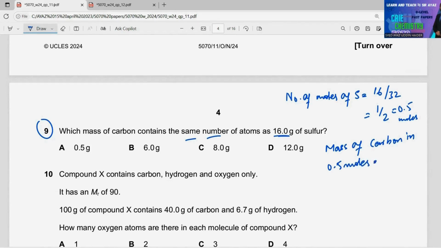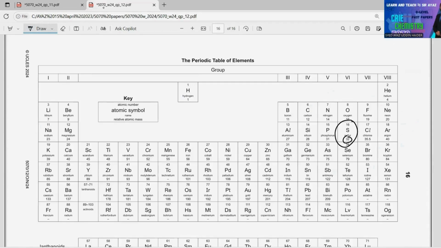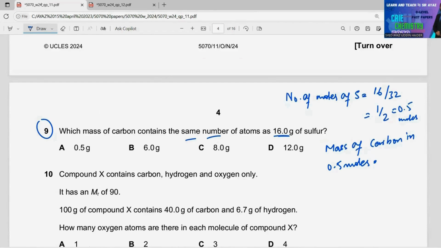You simply need to multiply 0.5 by the AR of carbon. Here is carbon. AR of carbon is 12. So 0.5 multiplied by 12 becomes 6 grams. So B must be the right answer in this case.